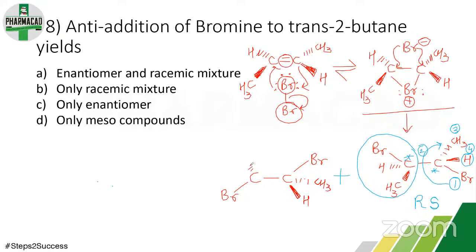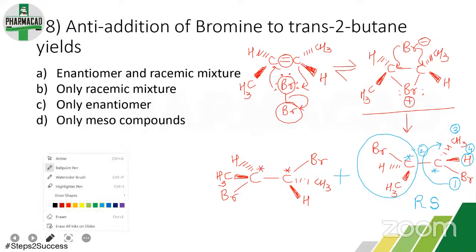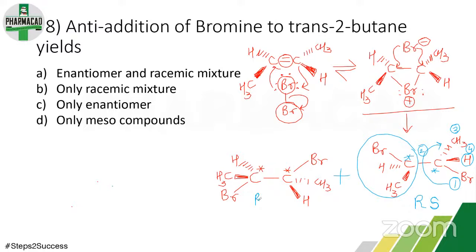With hydrogen, hydrogen, and one methyl. When you look at the RS configuration of these two carbon atoms, these two are also RS. So the first option is enantiomer and racemic mixture. Enantiomers would be formed when we get RR or SS, so this option is cancelled.